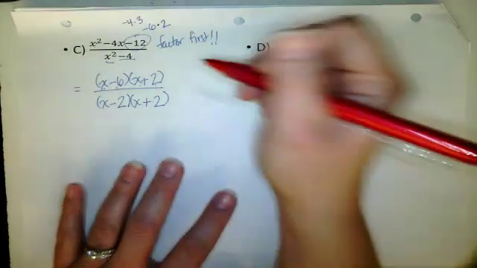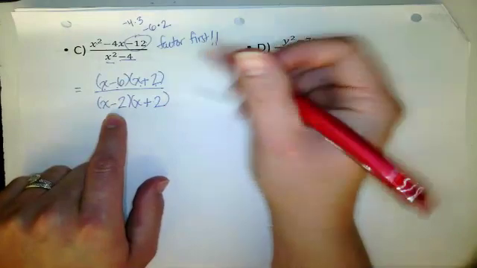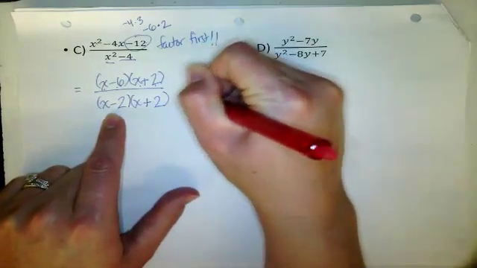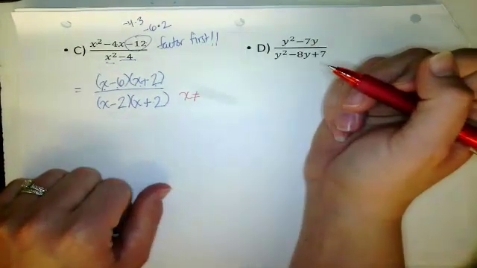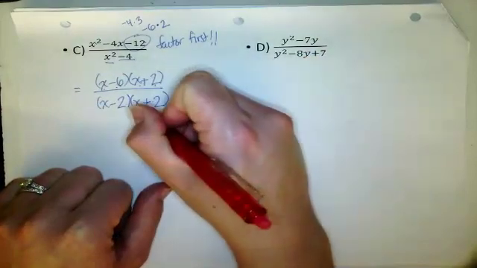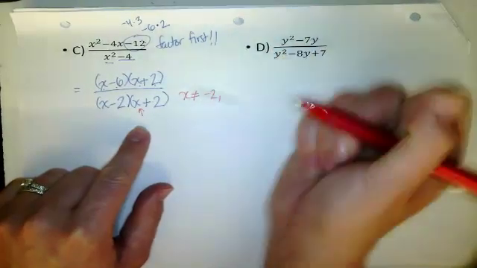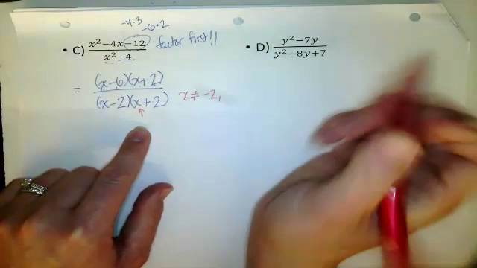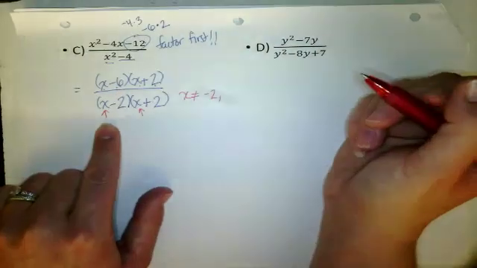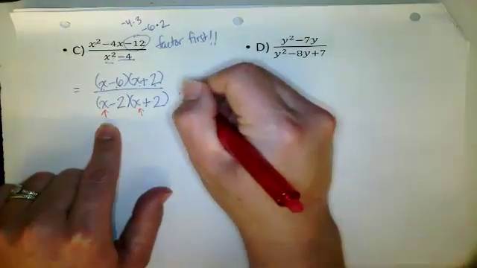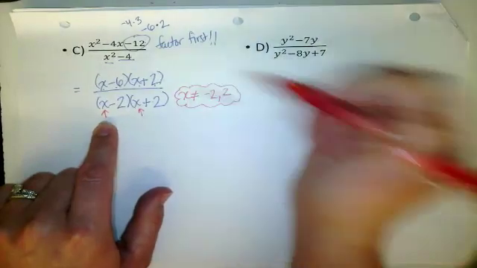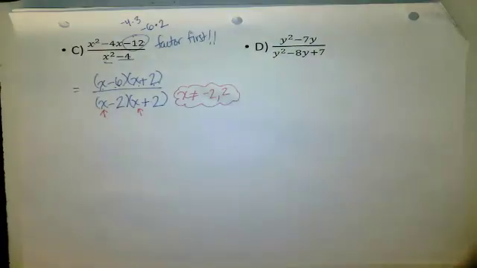Before I go any further, once I have all these written in bubbles, what is x not allowed to be here? If you plug in a negative 2 right there, that would make that bubble a 0. What about over here? What can you plug in there? Positive 2. Yeah, x cannot be negative 2 or positive 2. Each bubble we get one of those numbers x is not allowed to be.